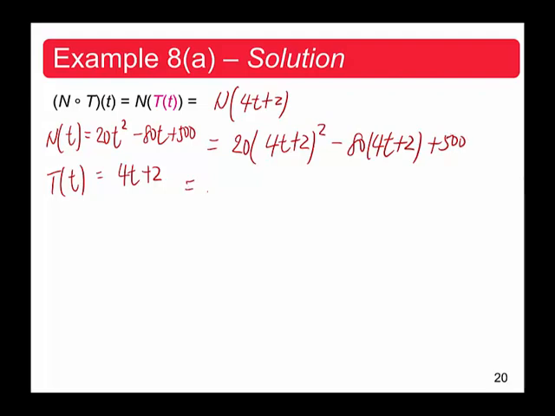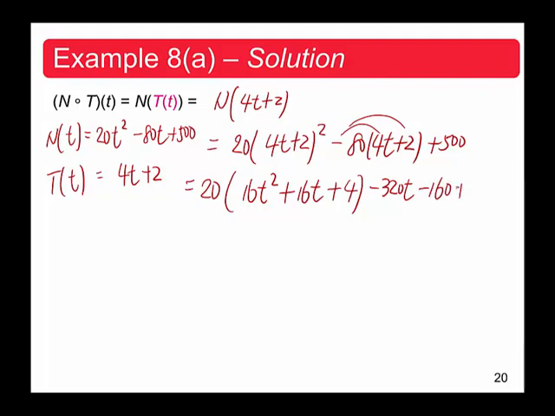First of all, let's expand the perfect square here. (4t) squared becomes 16t squared. And then twice 4t times 2 is 16t. Adding 2 squared turns out to be 4. We're going to distribute the second parentheses. Minus 80 times 4t is minus 320t. Minus 80 times positive 2 is minus 160, adding 500.